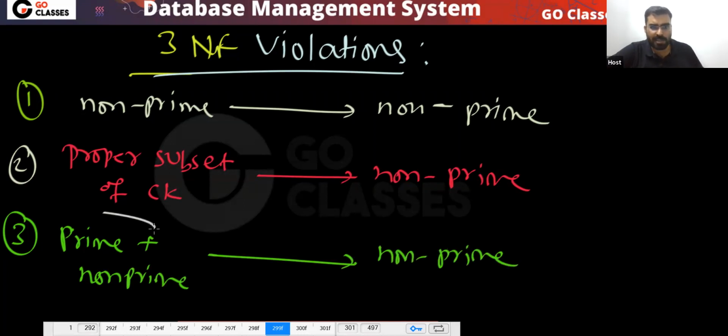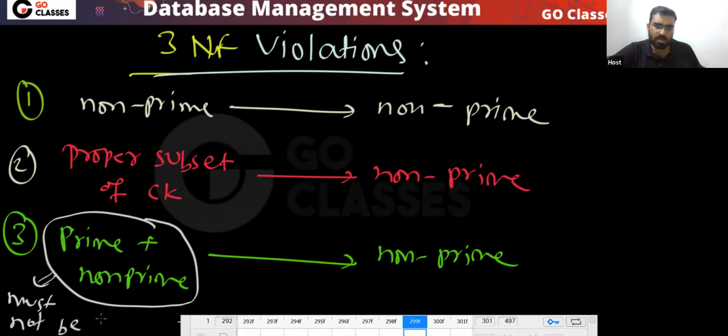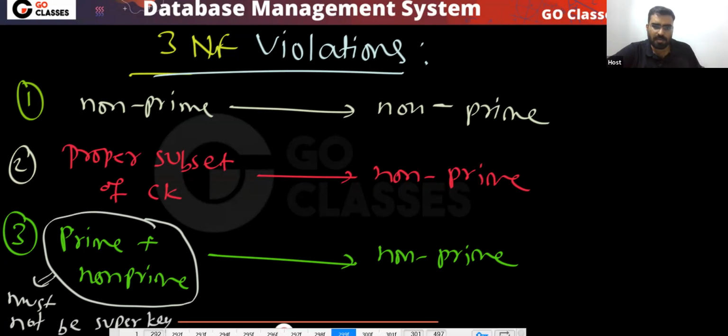It must be a non-super key, it must not be a super key. Okay, so these are some 3NF violations.